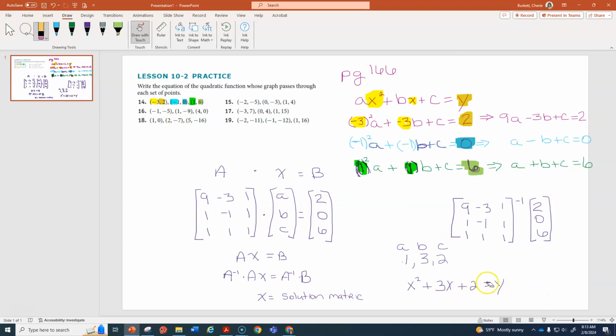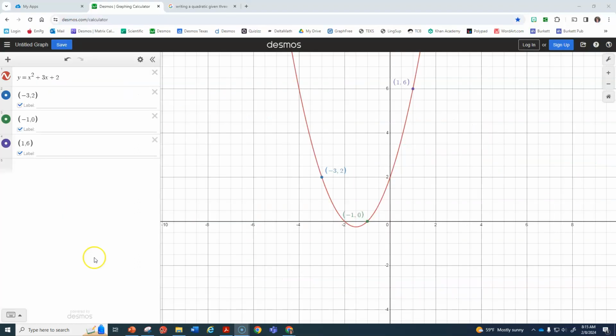I put the y in the back because that makes it easier to write the matrix, but we normally put y equals or f of x or whatever. But this would be the quadratic that would pass through those points.